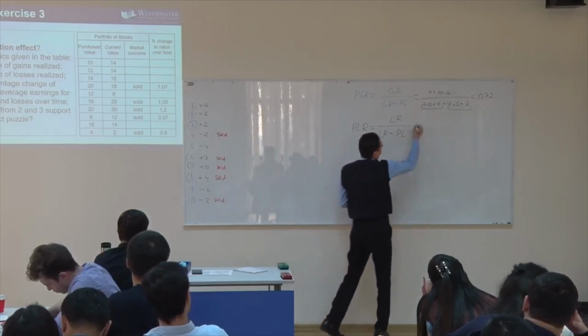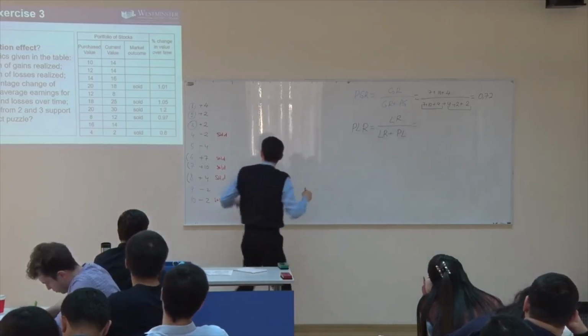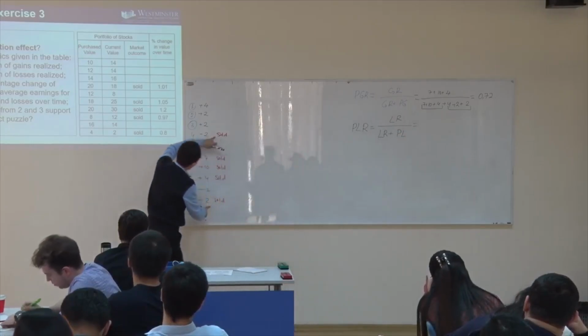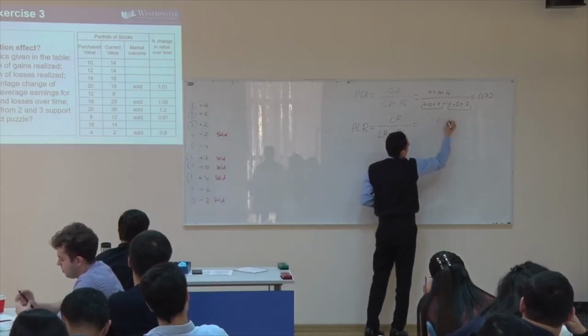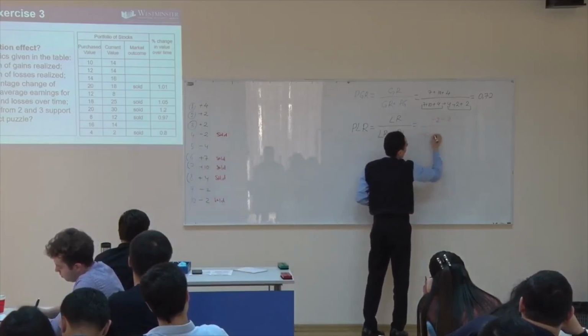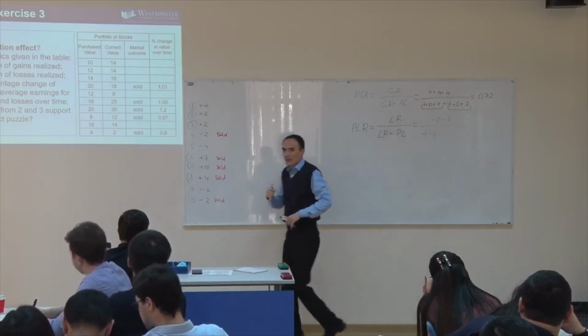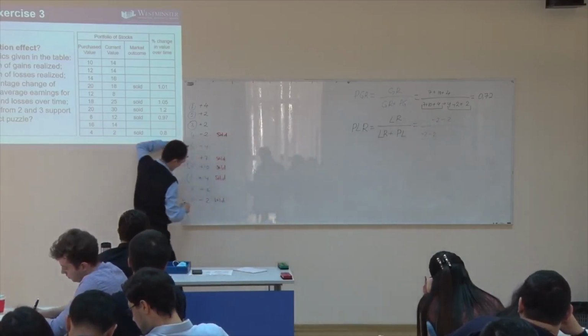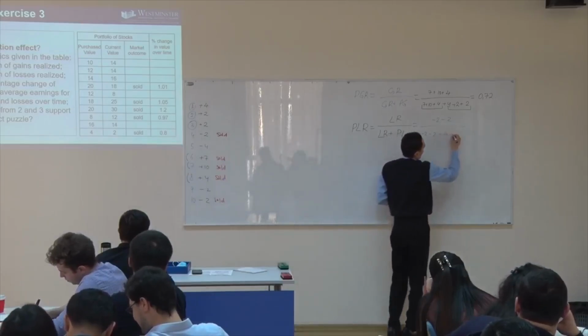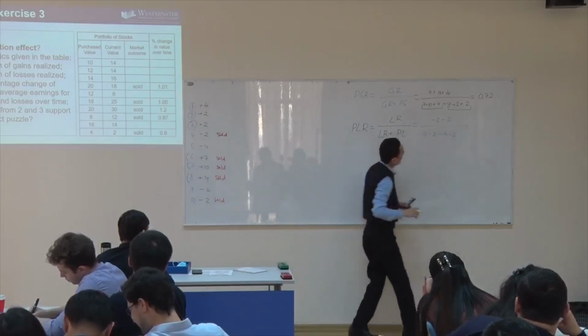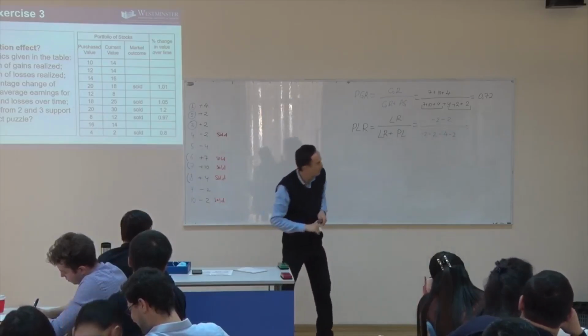So now this is equal to sold minus 2 minus 2 over minus 2 in the paper losses minus 4 and minus 2, minus 4 and minus 2. Now if you calculate this one, it will give you 0.4.